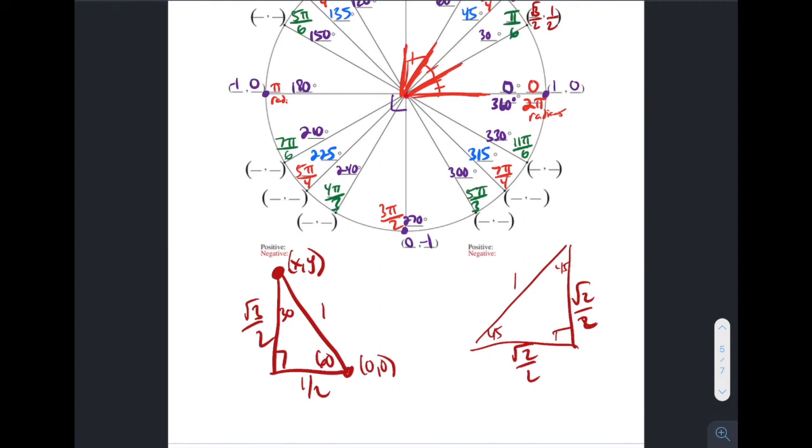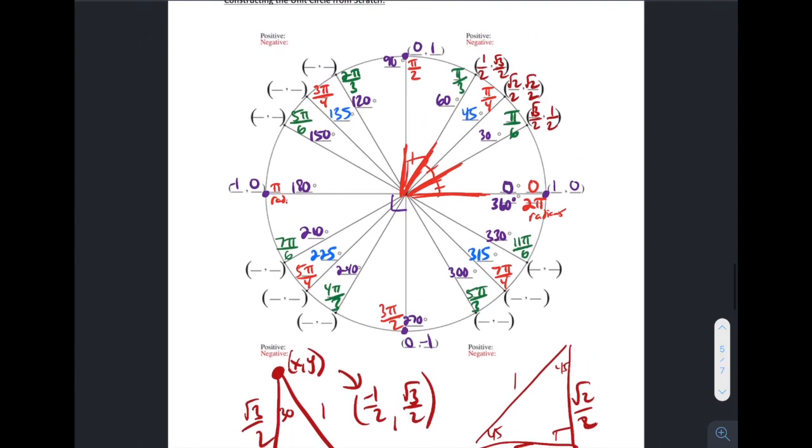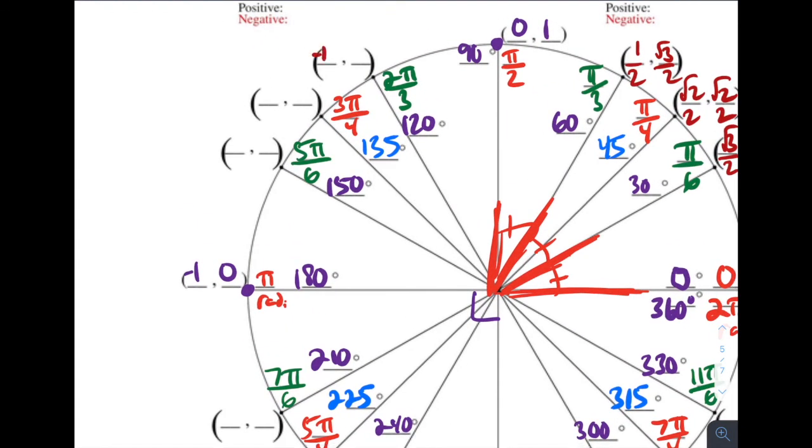If I go left, I'm going in the negative x direction, and if I go up, I'm going in the positive y direction. That means that this point up here is going to be at negative 1/2, because we went in the negative, and then positive root 3 over 2, because we went in the positive y direction. So this particular angle right here would be negative 1/2, root 3 over 2.